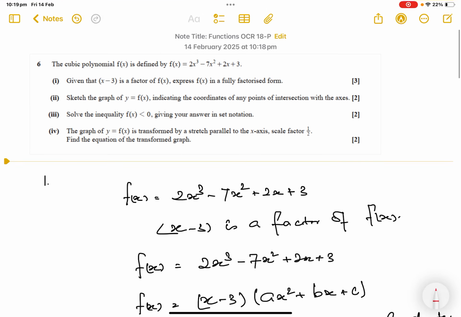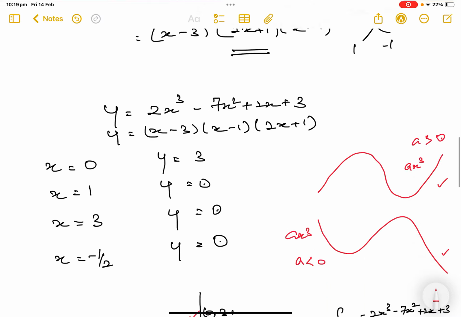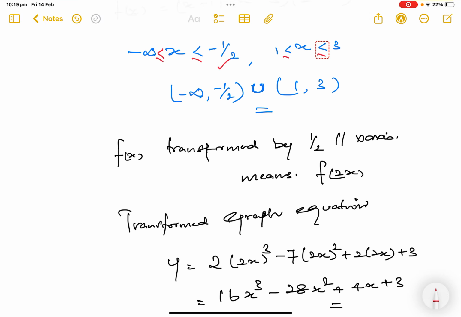Then, the graph of y = f(x) is transformed by a stretch parallel to the x-axis with scale factor 1/2. Find the equation of the transformed graph. That is quite simple. f(x) is the actual function.